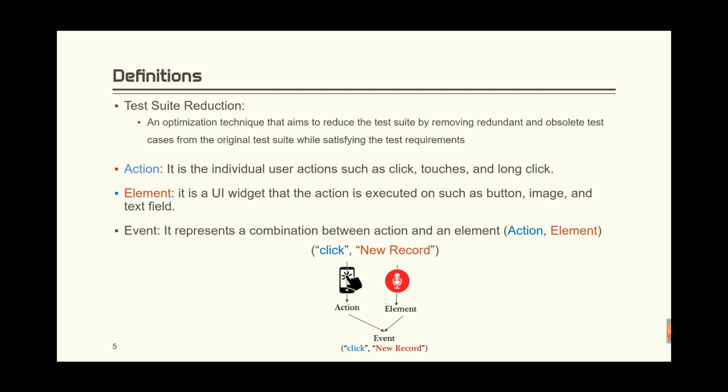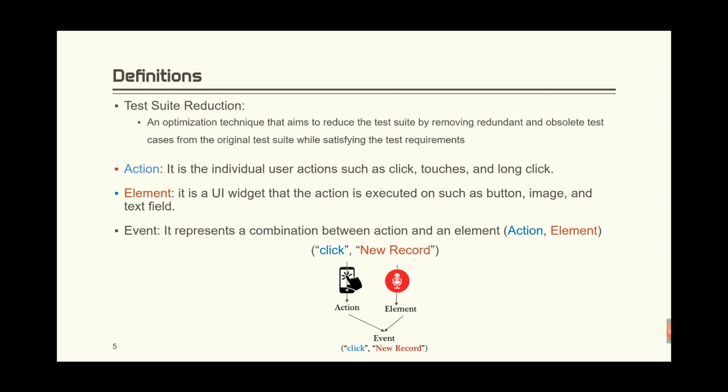The element is a user interface widget that the action is executed on, such as a button, image, or text field, which in this case is our major component that we depend on to remove redundant test cases in this study.